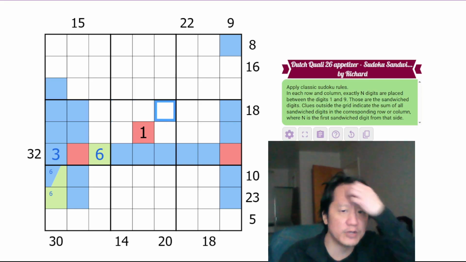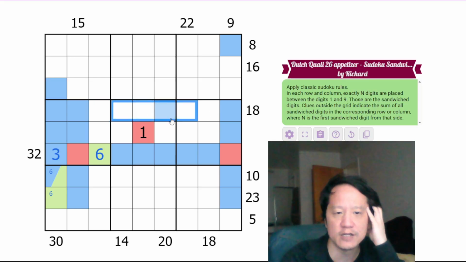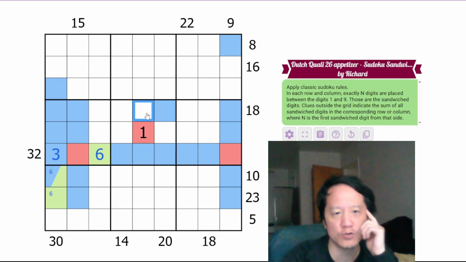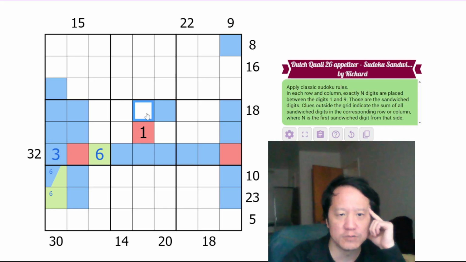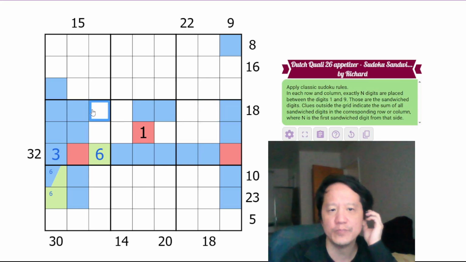So this cannot be crust, because if it's crust, it doesn't have 3 digits in between that and the other additional crust. Same with this. If this were crust, that doesn't work, because you can only have 2 digits at most in between that and the other crust. So we either have here and here, or here and here, or these 2.